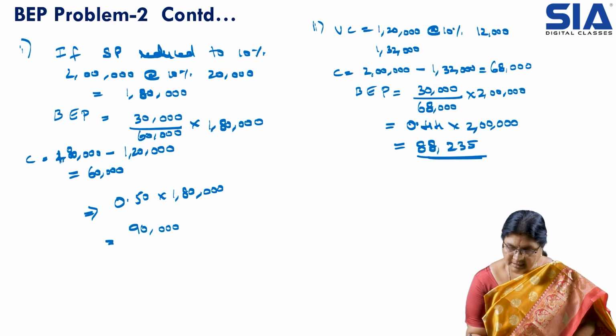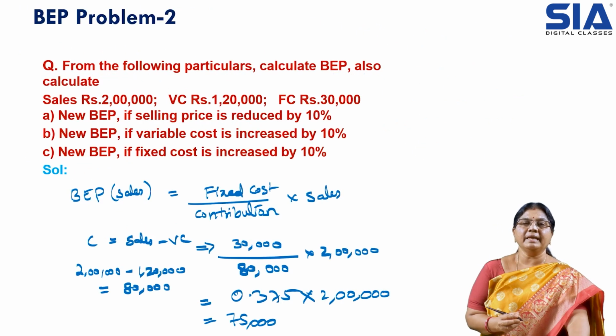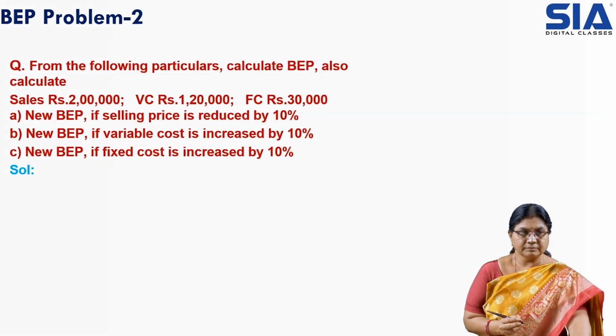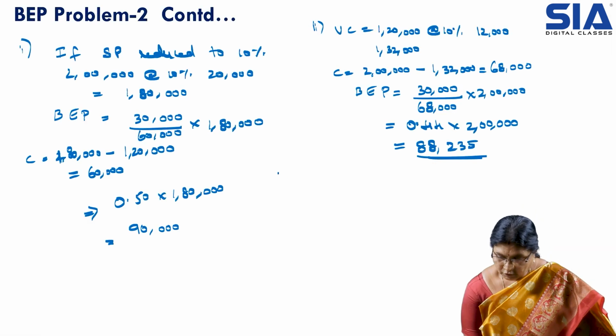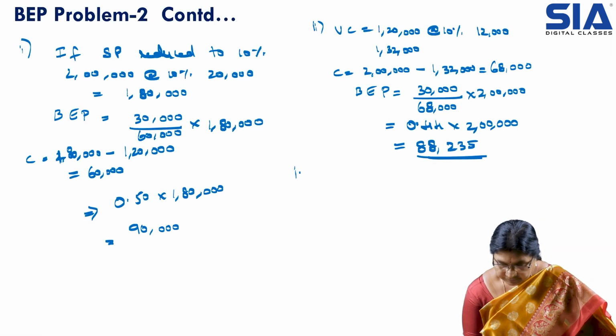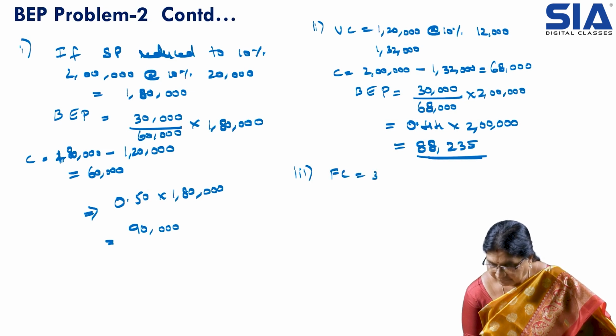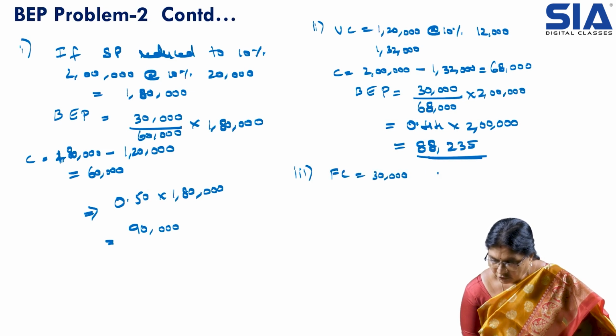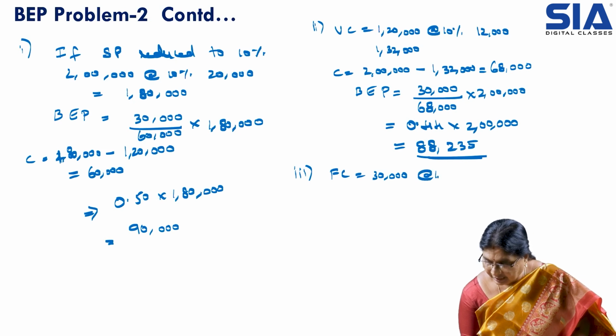Then the third case is asking what the BEP is if the fixed cost is increased by 10%. So the fixed cost is 30,000. If it is increased at the rate of 10%, we add 3,000, and it becomes 33,000.